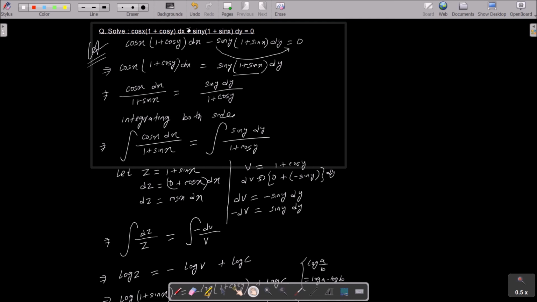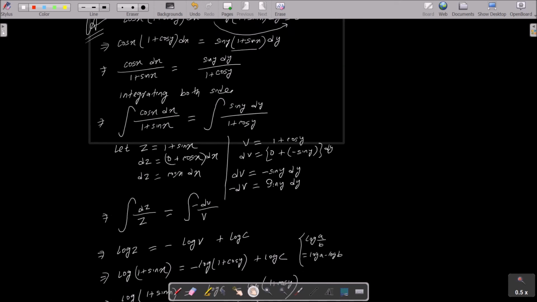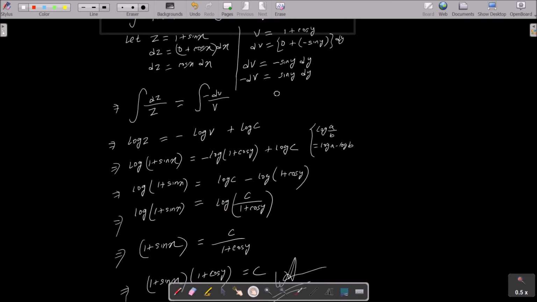After that do the integration on both sides, then in the denominator assume z equals 1 plus sin x, do the differentiation, then dz equals cos x dx. 1 plus cos y you assume as v, so dv equals minus sin y dy. After that put the values, then dz by z integration is log z and minus dv by v is log v.